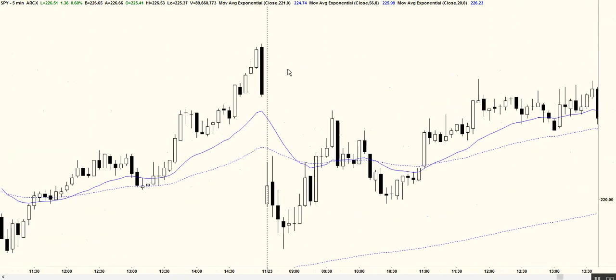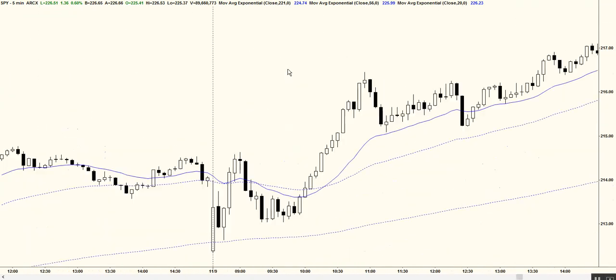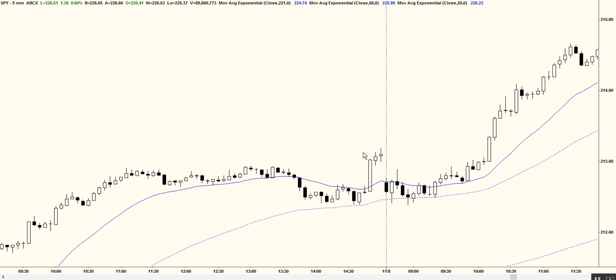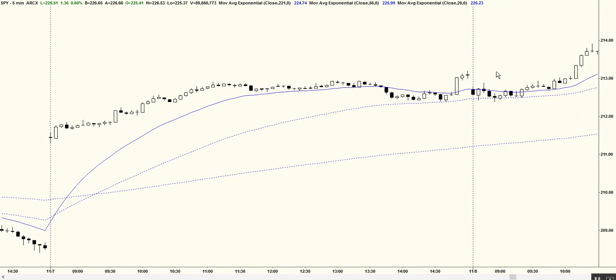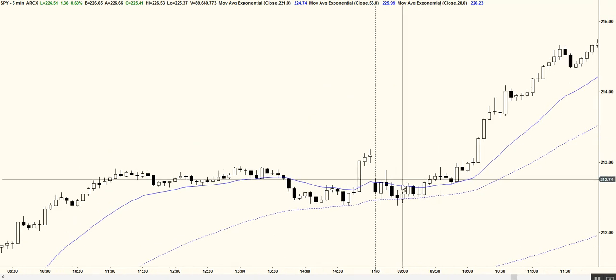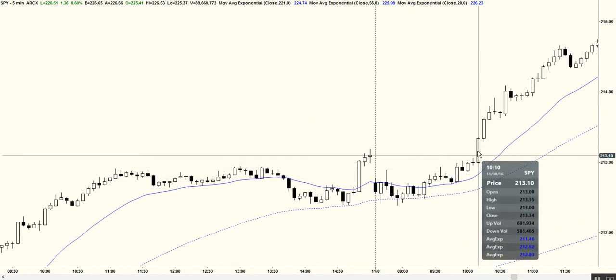So if we go to the spider, same day, let's say we're trading the spider and our max position is 200 shares or even 100 shares. Let's just say 100 shares. Well, let's keep it simple. Let's say we don't want to do anything in here. Full breakout.